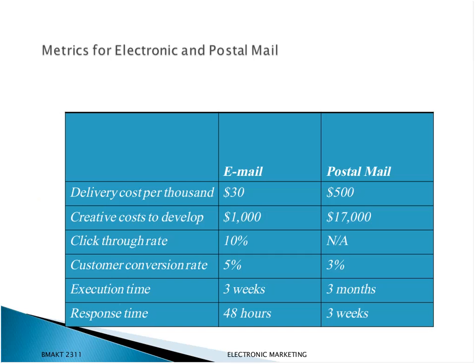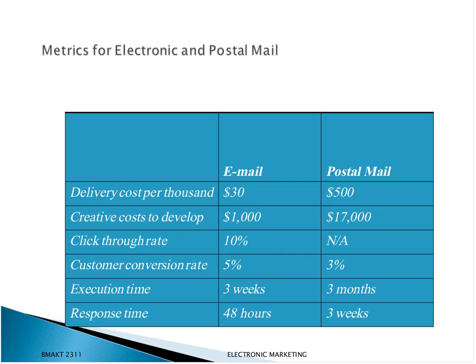Look at here, metrics for electronic and postal emails. Delivery cost per 1,000: email is just $30, while postal mail is $500. You see how significant the difference is. Creative cost to develop: email $1,000, postal mail $70,000.